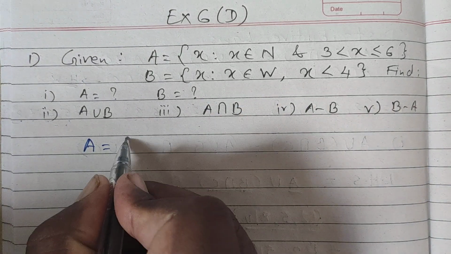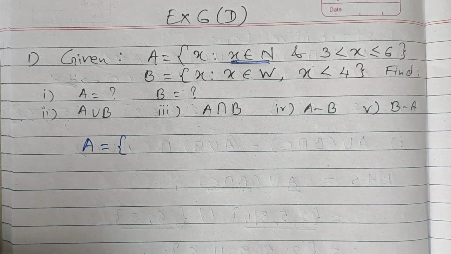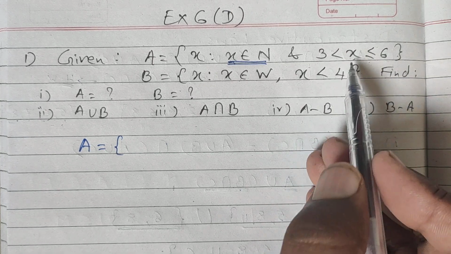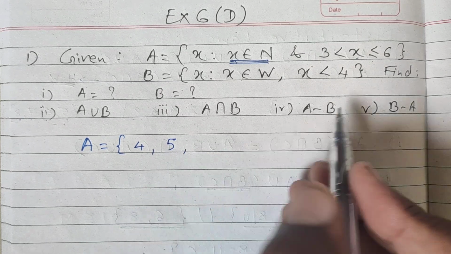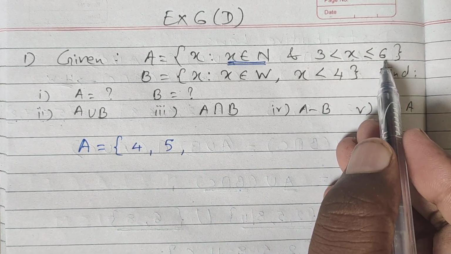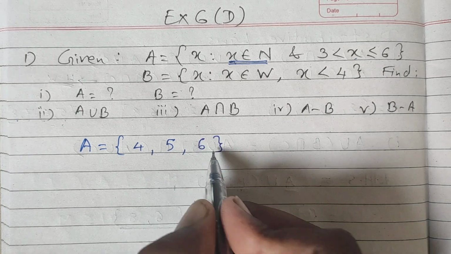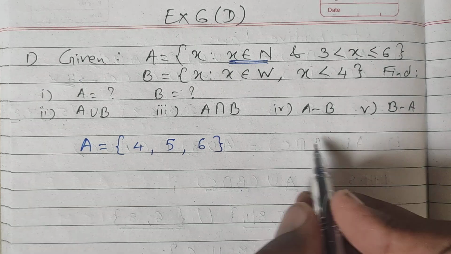Set A, what is it? X belongs to the natural numbers. What is the value of X? Greater than 3. It means 4, 5, 6. Is 6 included or not? Because of the equal to sign, yes, 6 is included in our A set. Okay. This is our A set.